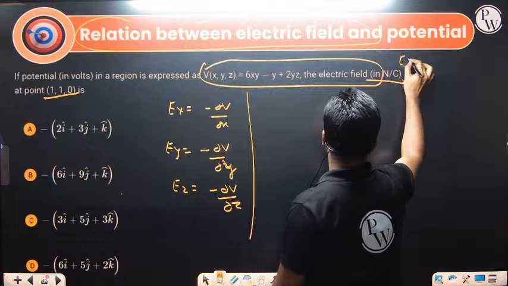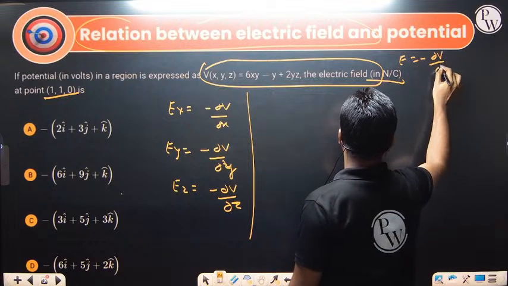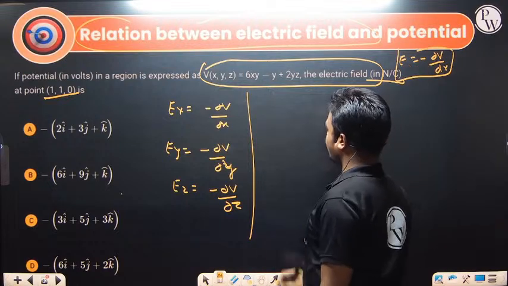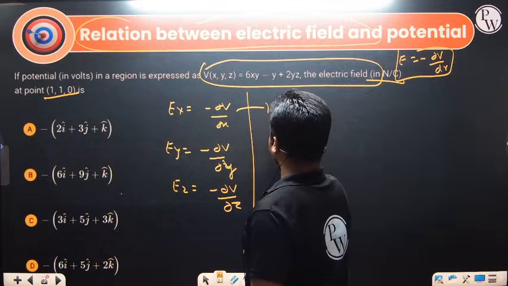So E equals minus dV by dr, and we differentiate with respect to each variable. All of you know partial differentiation.